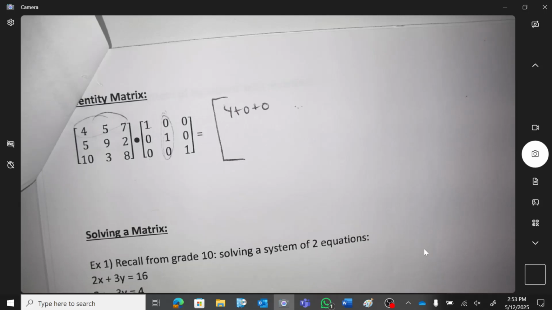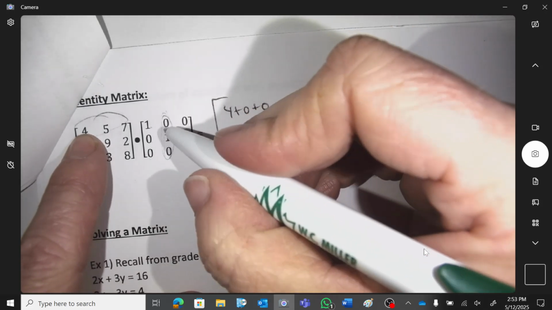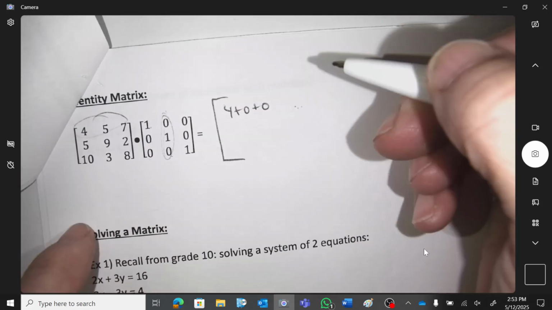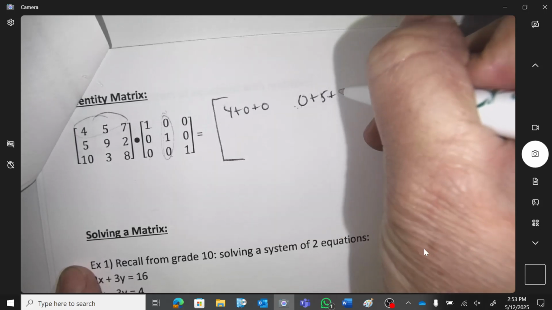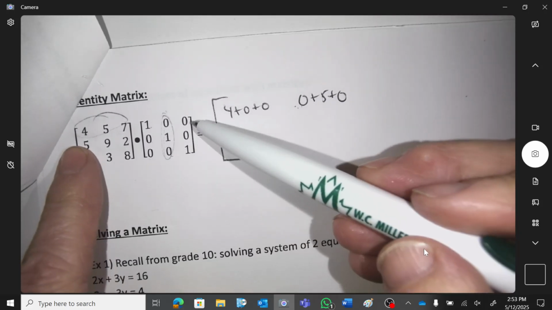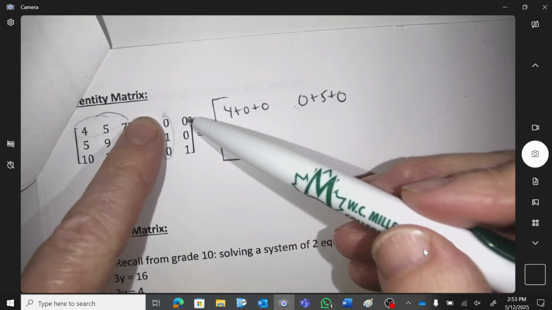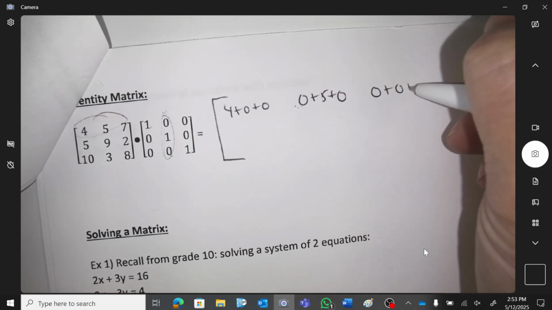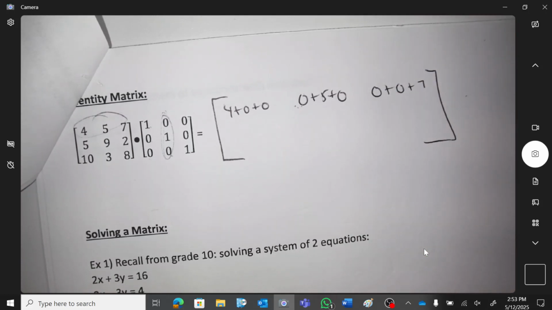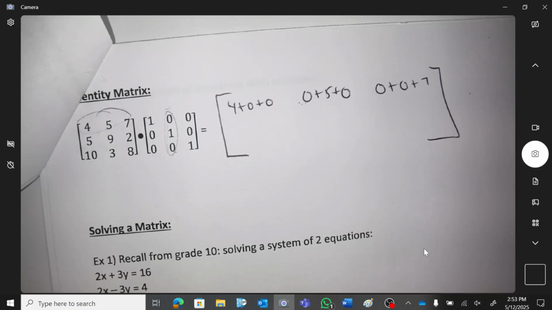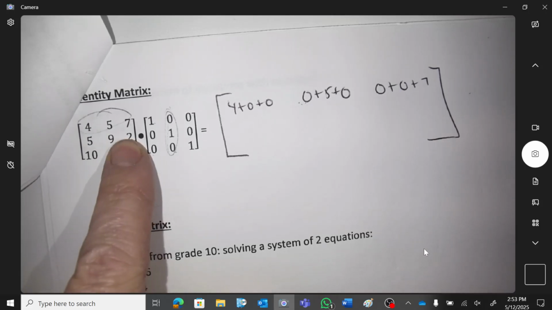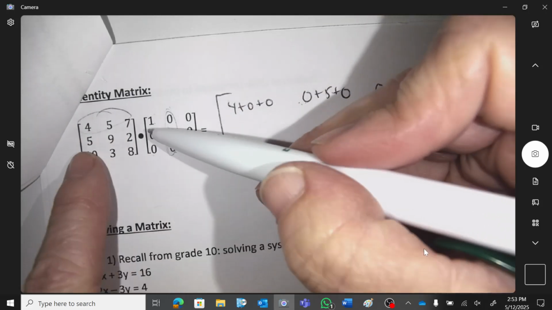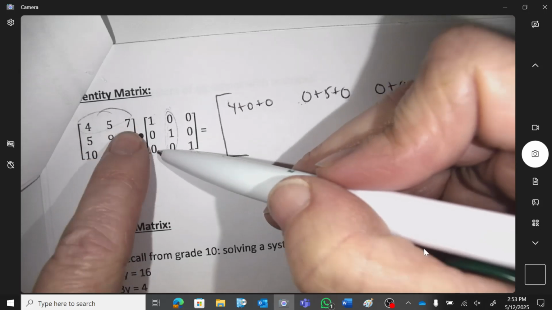Okay. What do we got here? 0, 0, 5, 5, 0. The first row, but then the last column. 0, 0, 7. Okay, here we go. We got a match. The second row with the first column. 5, 0, 0.